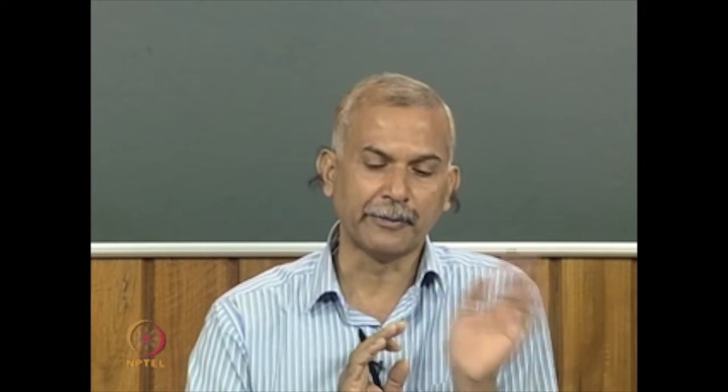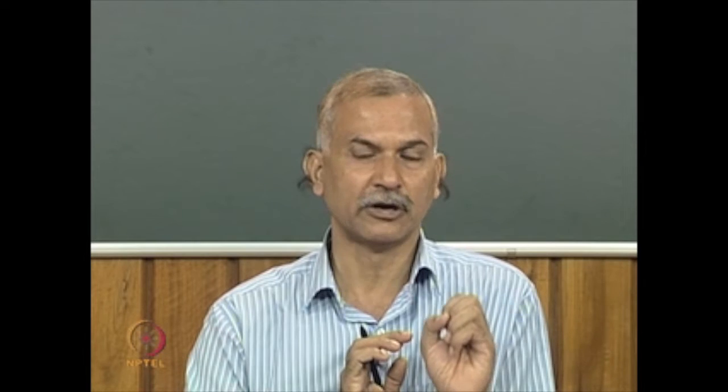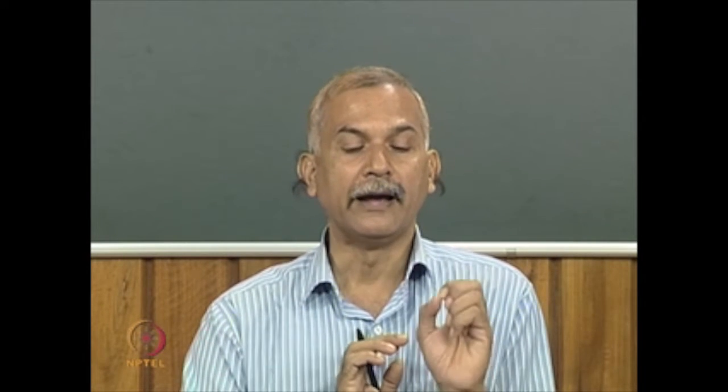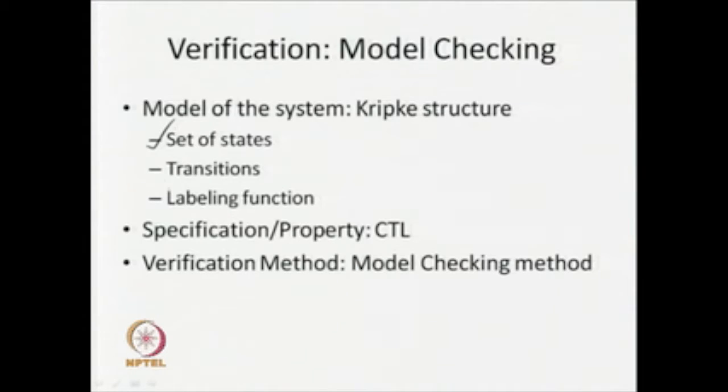We have other model checkers also. So, in a model checking system, we use the Kripke structure to represent the states, or the transition system, or the model of our system, and the Kripke structure has 3 components. One is the set of states, second is the transition, and third is the labeling function.